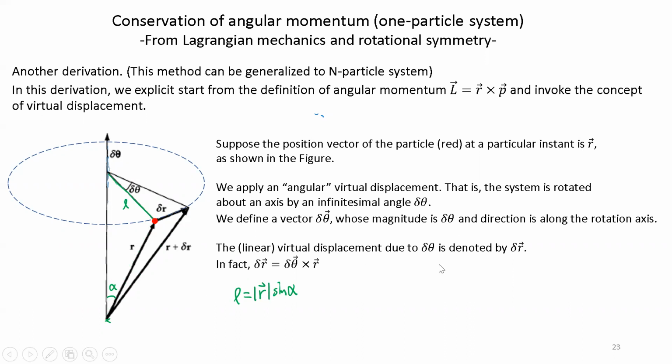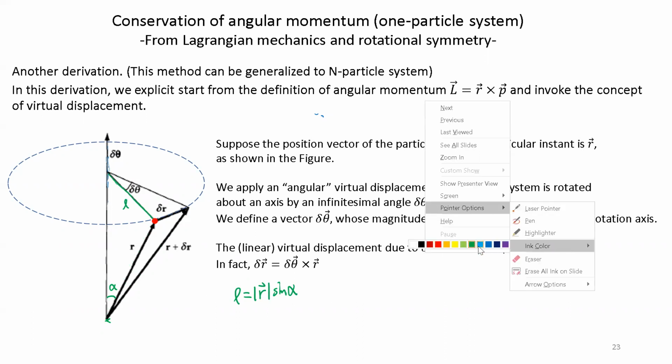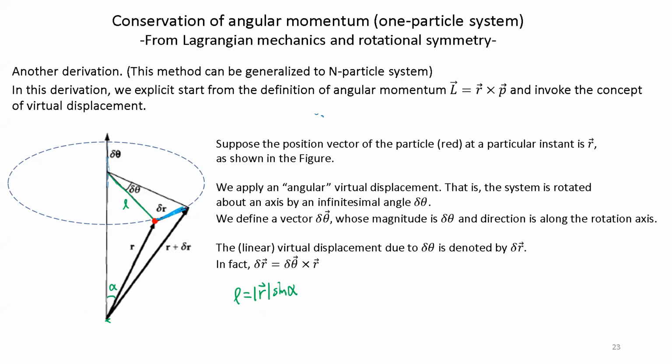Now what about the length of this delta R? You just imagine that this is an infinitesimally small triangle, so the length of this delta R would be this L times delta theta, which is of course the magnitude of R sine alpha and the magnitude of the delta theta vector.